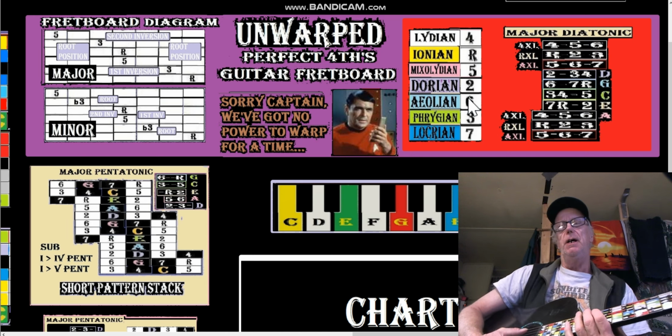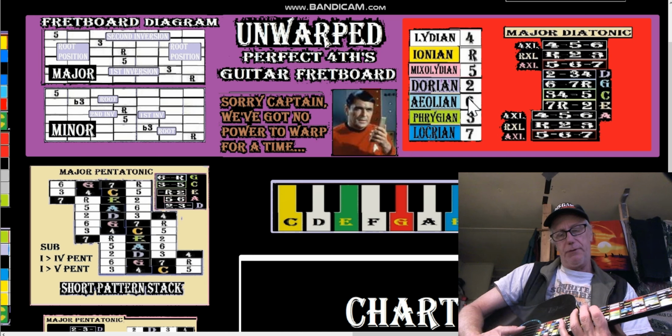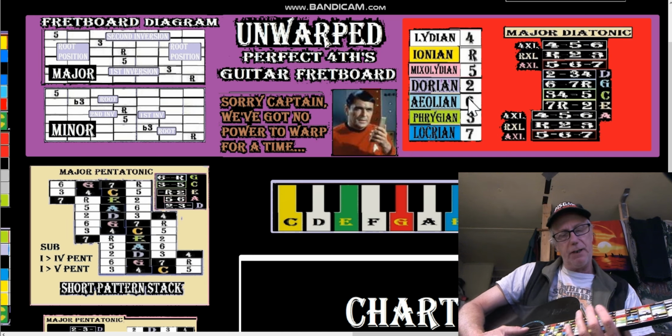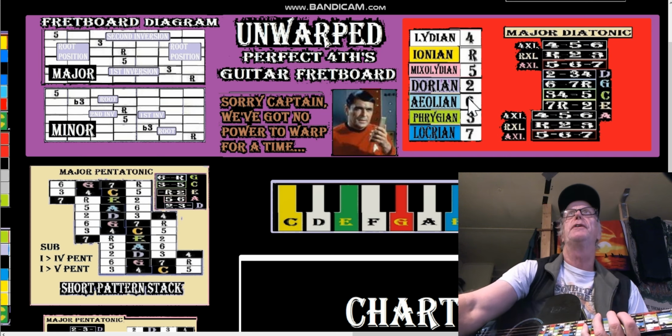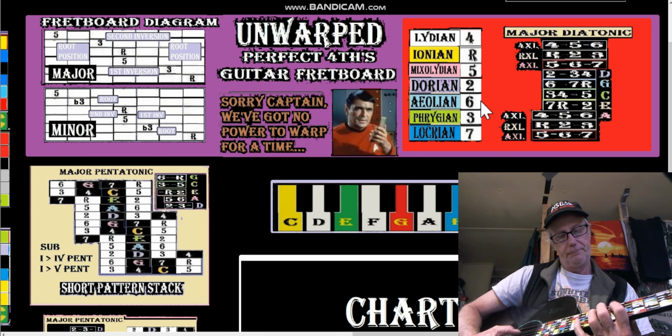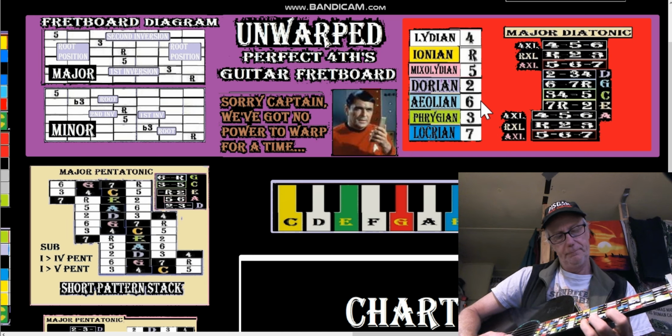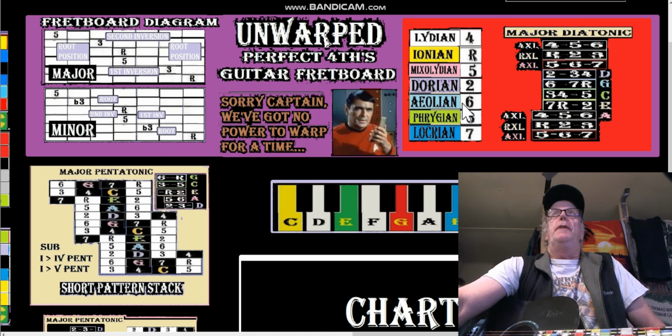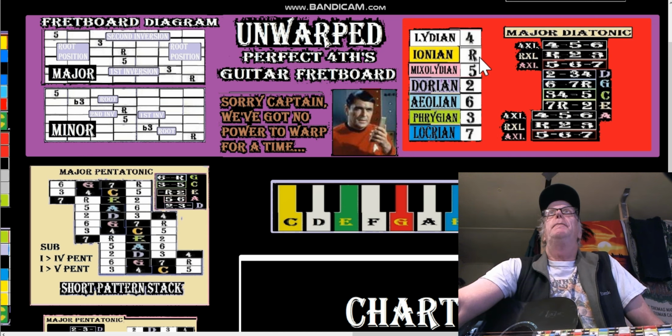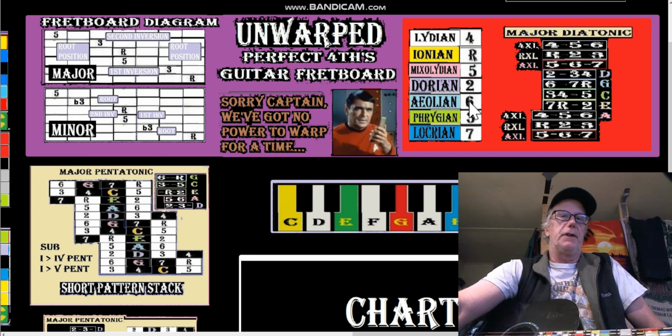As a matter of fact, the Aeolian, which is like the A minor pentatonic they talk about, if we play the pentatonic from there, that gives us our Aeolian starting from the 6 right here. So that's the beauty of working with the root and its 6th, without those substitutions for the 4th and the 5th that give us the 2nd and the 3rd minor.